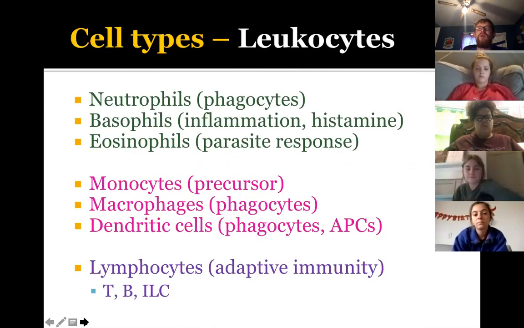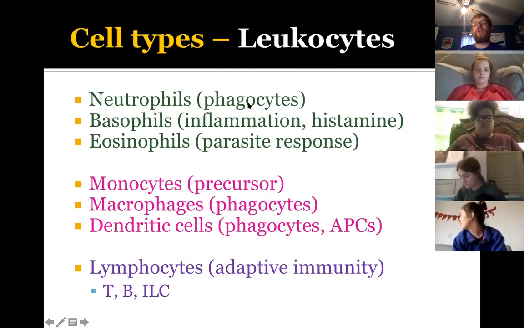All right. So neutrophils, basophils, and eosinophils, these are those granulocytes that we talked about before. We'll talk about each of them in a little more detail. But neutrophils are also capable of phagocytosis in addition to their granules that they contain that can have immune effects.